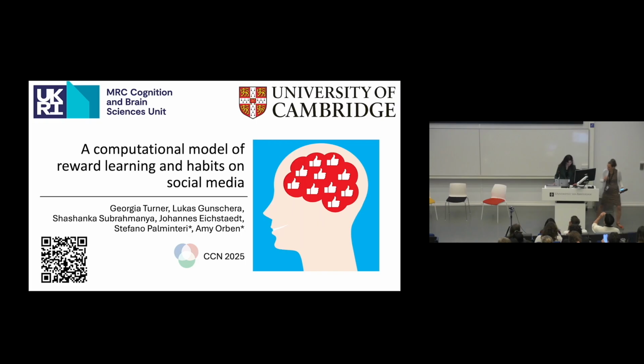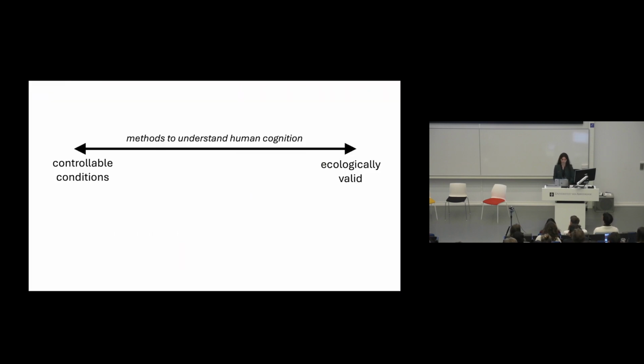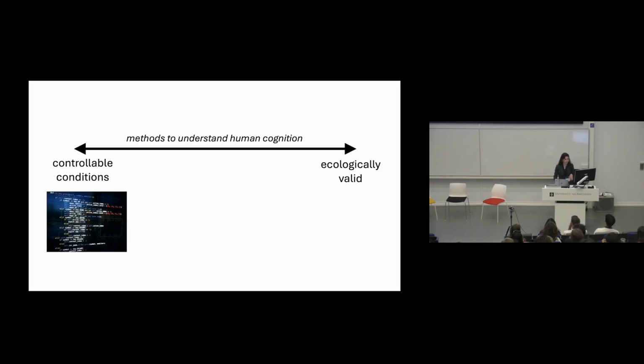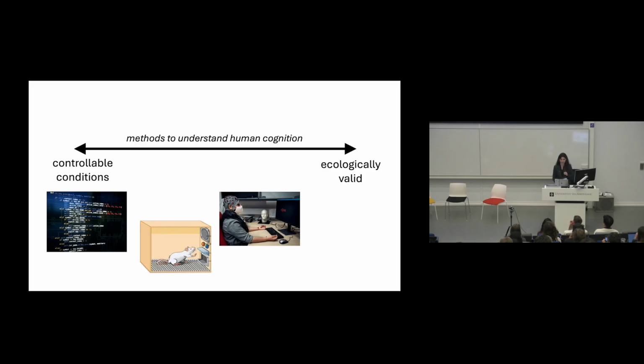Yeah, all good. So today I'm going to talk about a computational model of reward learning and habits on social media. We can think of the wide range of methods to understand human cognition as falling, maybe simplistically, along a spectrum from very controllable methods, like simulations where you've controlled everything that's going to happen, to increasingly more ecologically valid but less controllable things like animal experiments and then also human experiments in the lab.